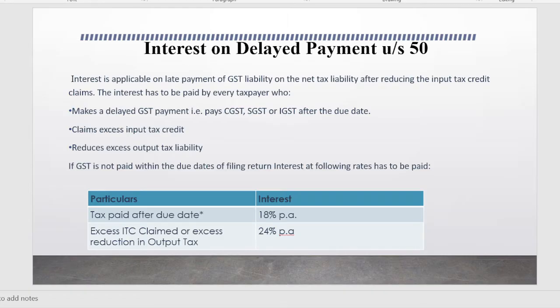Yes. We'll go to the next point now. Sorry.